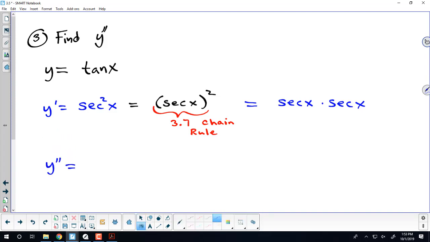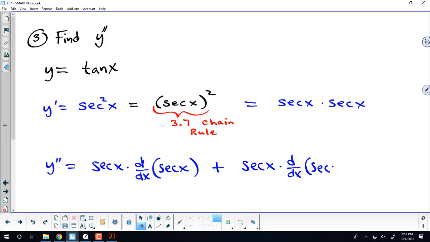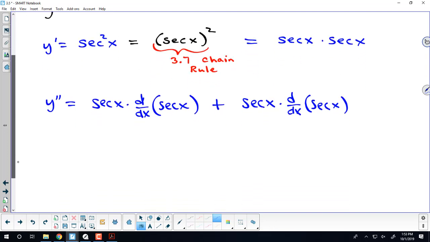So we have the first times the derivative of the second plus the second times the derivative of the first. The derivative of secant is secant tangent, right.